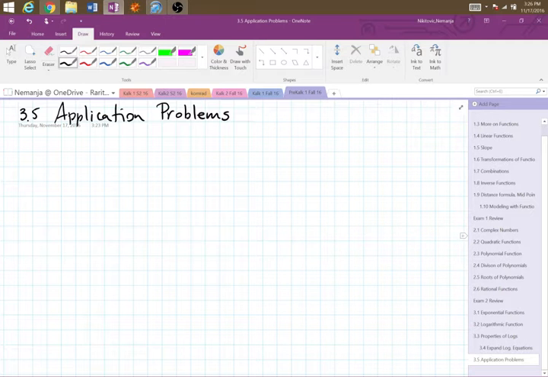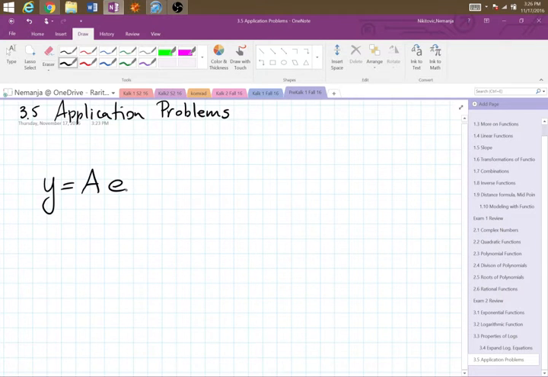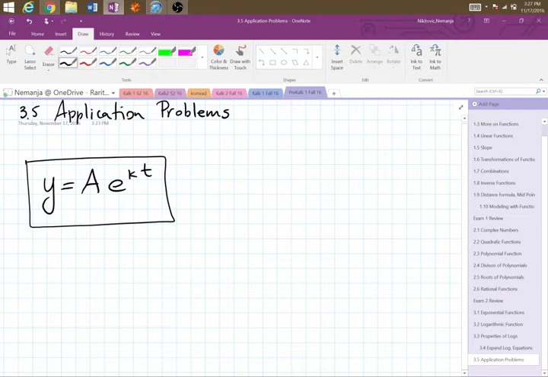What I'm going to start with is first write that the main formula is y equals a e to the kt. So that's the main formula. And then you have these two situations where the graph looks like this, which is k larger than 0.